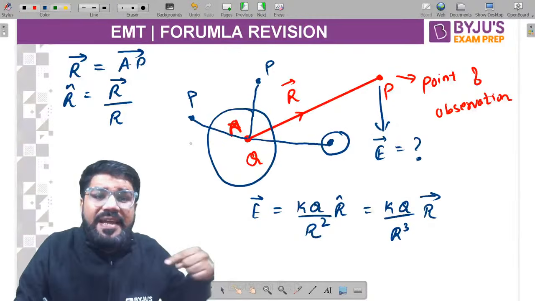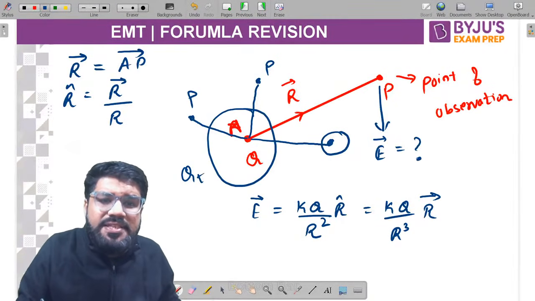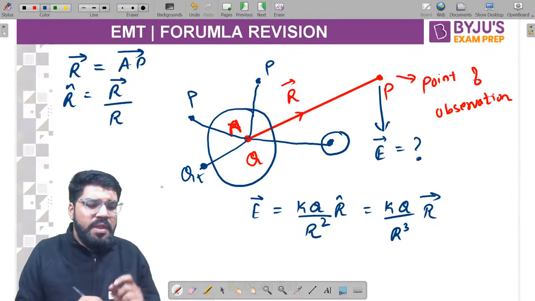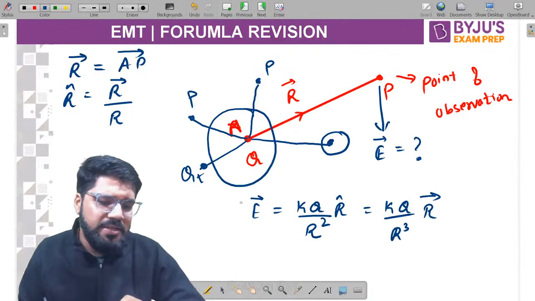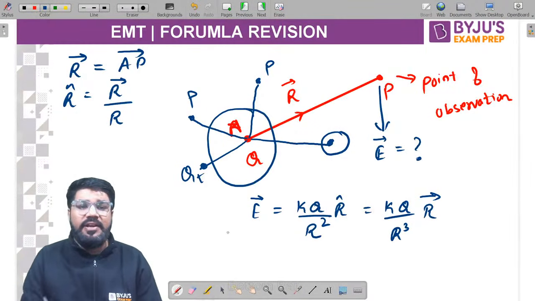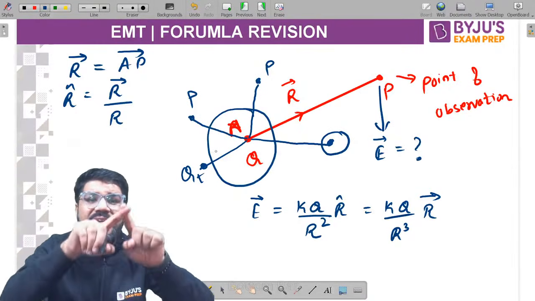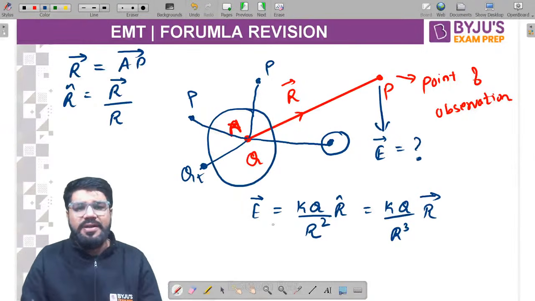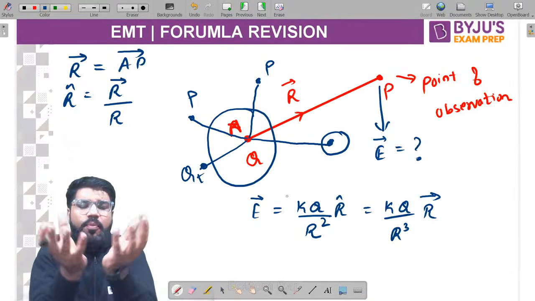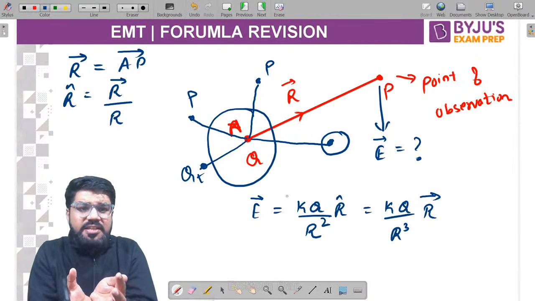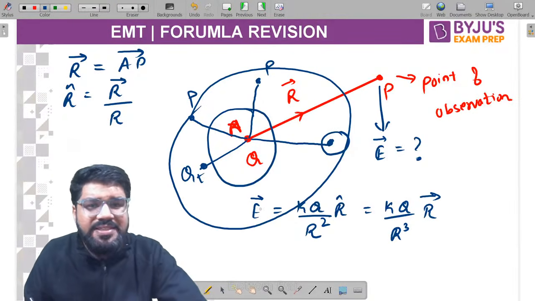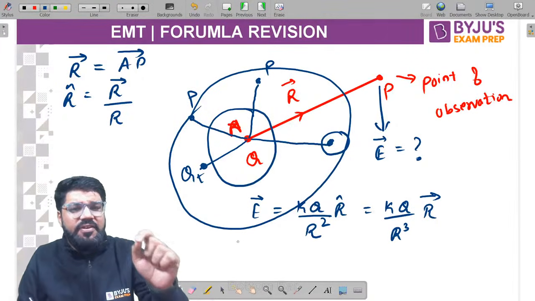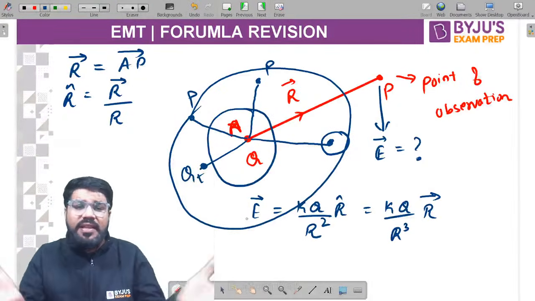The idea is that the test charge I was telling you about, you can place anywhere around the source charge, and that is going to experience the electric field. So where is the electric field around the source? It is in all directions about this point charge. It will be a spherical distribution actually. You can construct a sphere about this point charge and the electric field will be experienced everywhere within that spherical region.